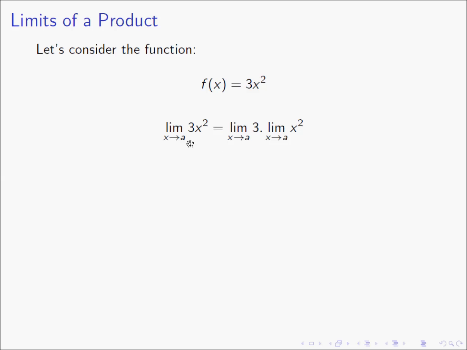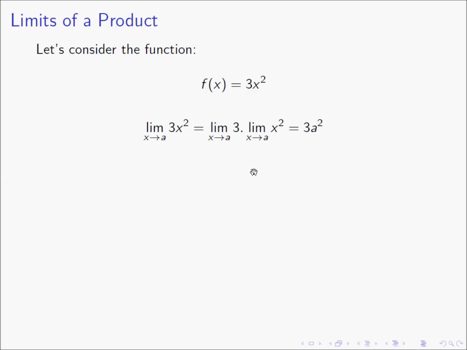Because we can think of this function as the product of two functions, the constant function equal to 3 and the function x squared. So we calculate this limit as the product of these two limits, and the limit of 3 is 3, and the limit of x squared as x approaches a is a squared.